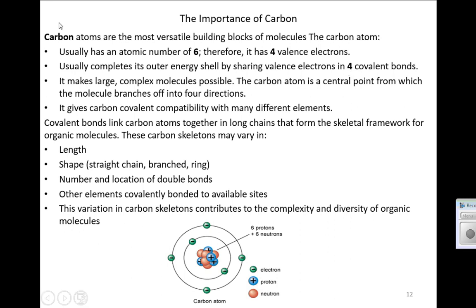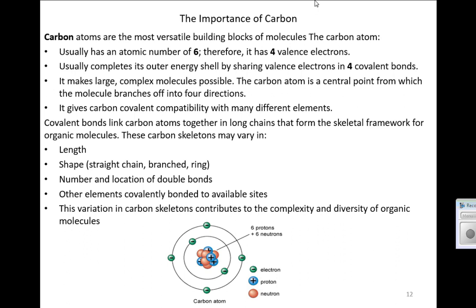This makes large, complex molecules possible, with the carbon atom generally being the central point from which the molecule branches off into 4 different directions. It gives carbon covalent compatibility with many different elements. Covalent bonds link carbon atoms together in long chains that form the skeletal framework for organic molecules, and these carbon skeletons can vary in length, shape, like straight chain, branch, ring, and numbers and locations of double bonds.